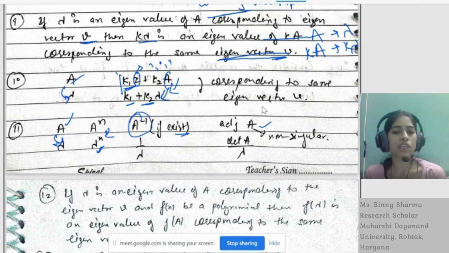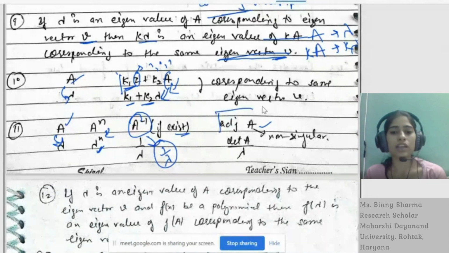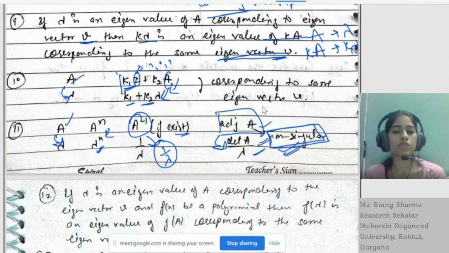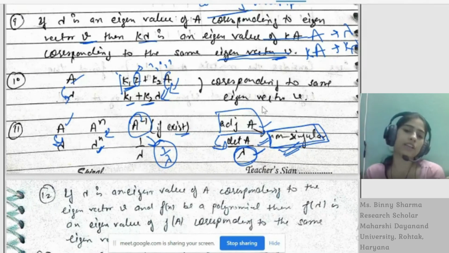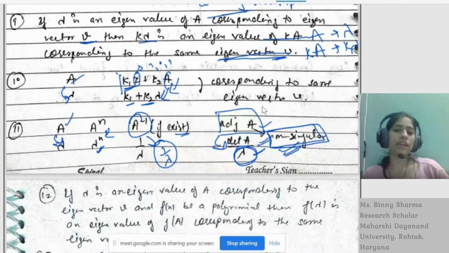In the case of A inverse, the eigenvalue will be 1 over lambda. In the case of adjoint of A, the eigenvalue will be given by determinant A by lambda. Here, the matrix should be non-singular, that's why we are able to divide the determinant by lambda.